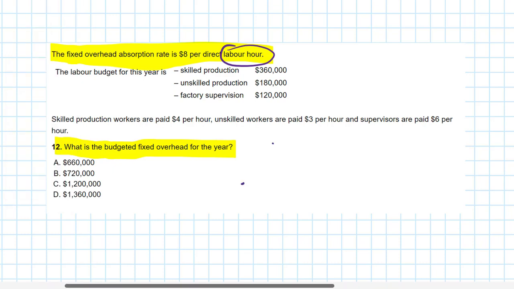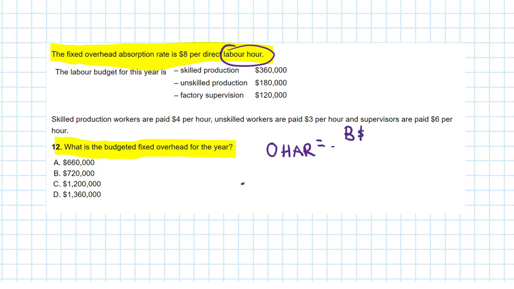We know that an overhead absorption rate is equal to the budgeted overheads over the budgeted labor hours. And we know that that is actually 8. So we could do $8 is equal to something over something. And the budgeted fixed overheads are going to be up here.